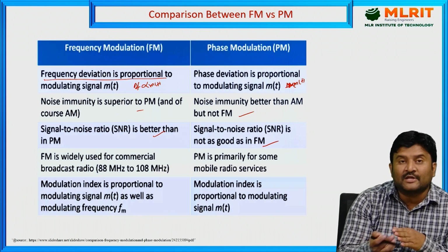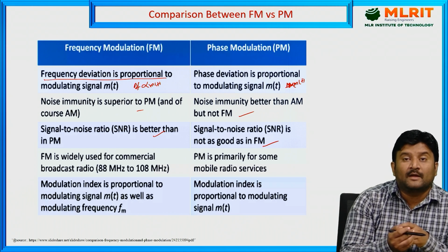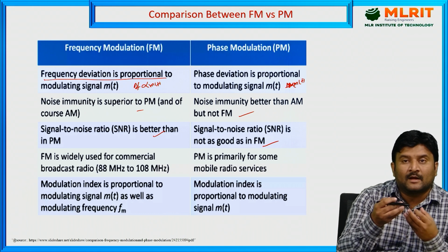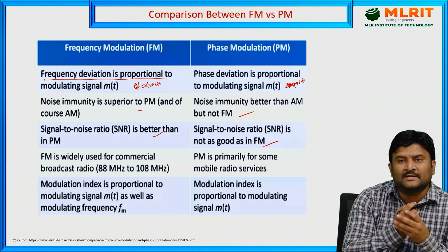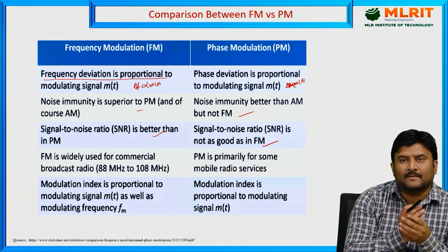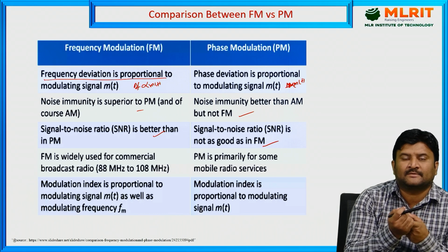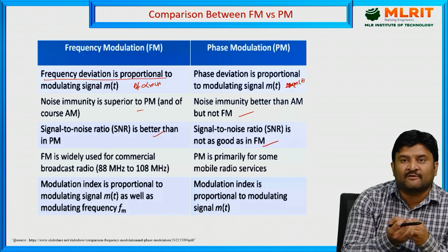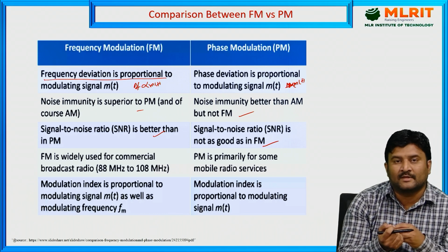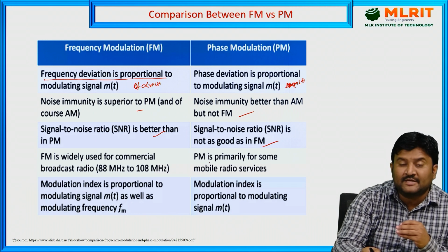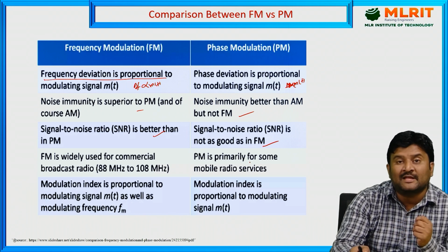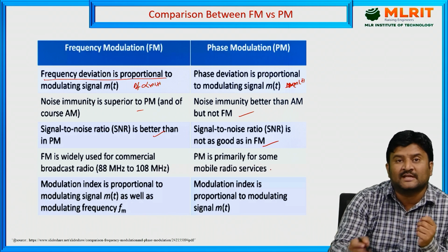Phase modulation technique is used especially in mobile communication systems. Phase shift keying methods like PSK are all useful in mobile communication systems. Therefore, PM is primarily for some mobile radio services.